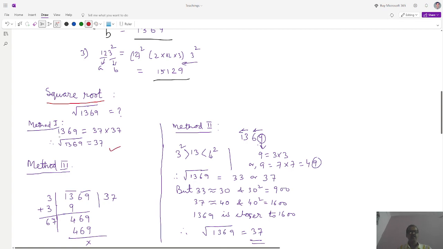If we break this number into its prime factors, then the square root of this number will come like that.